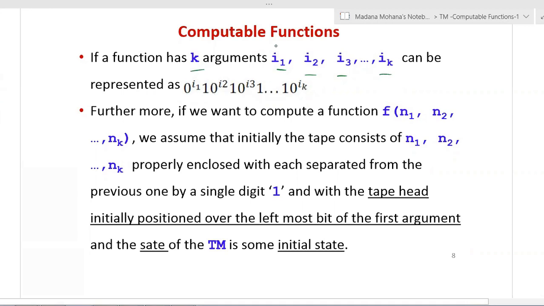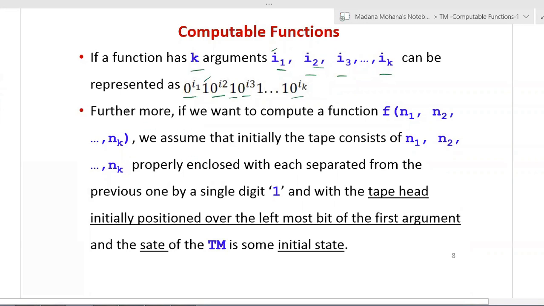The first argument i1 is represented as 0 power i1, then 1, then the second argument 0 power i2, then 1, then the third argument 0 power i3, then 1, and so on. The last argument is 0 power ik.